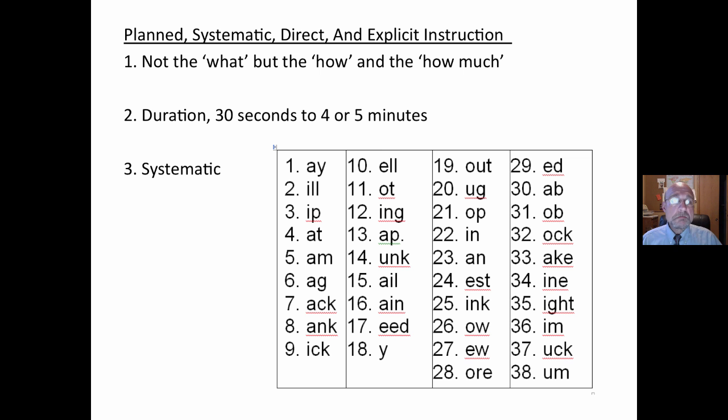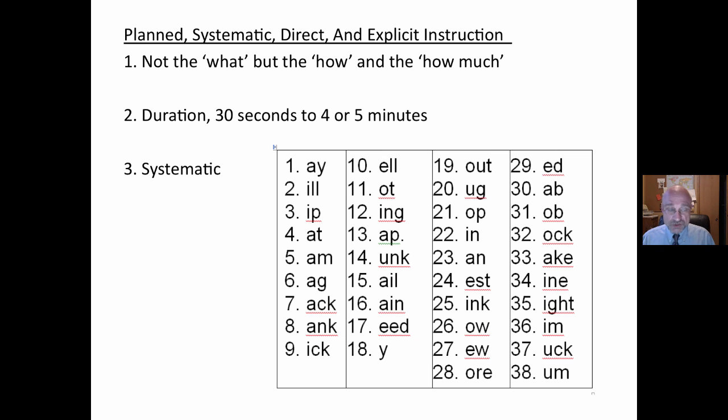You do have planned, systematic, direct, and explicit instruction. What, you say? I thought you were child-centered. Yes, it's not the what, it's the how, and it's the how much. A lot of instruction is 30 seconds to 4 or 5 minutes, closer to 30 than 4 or 5. All right? Very short, incidental, but you plan when you're going to teach certain things.